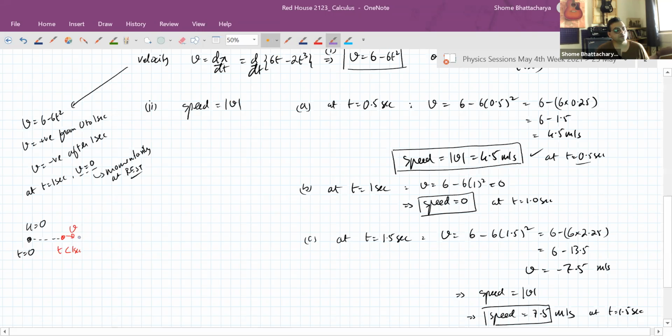But by the time you come to 1 second, it has come to momentary rest. And then after that, it's turned back. So at some time greater than 1 second, its velocity is in the negative direction. So this is the type of motion it's having. It's going in the forward direction, then coming back like this. So that's why.